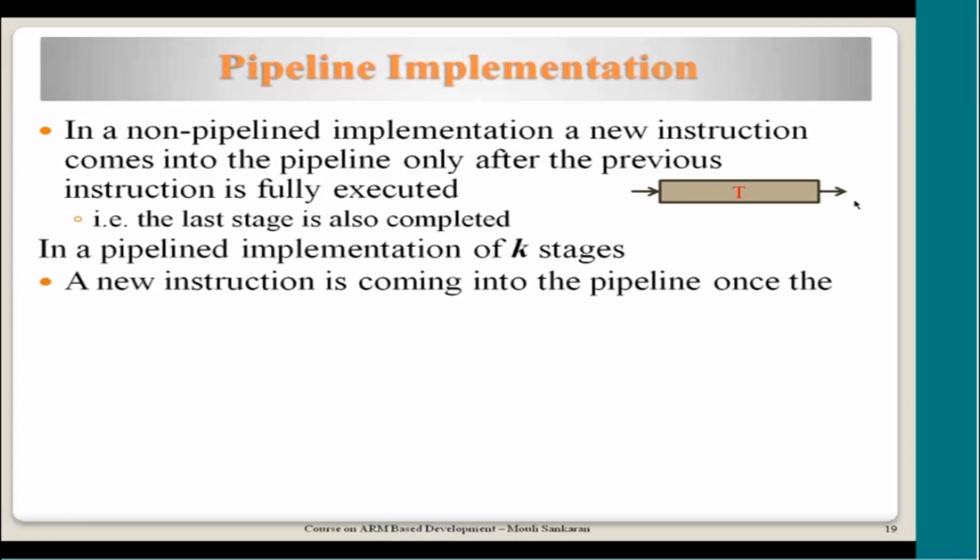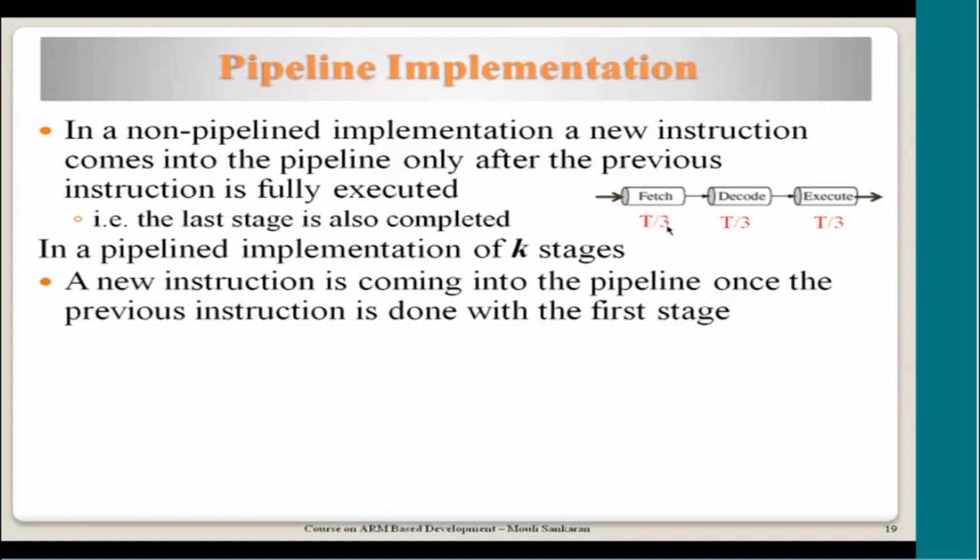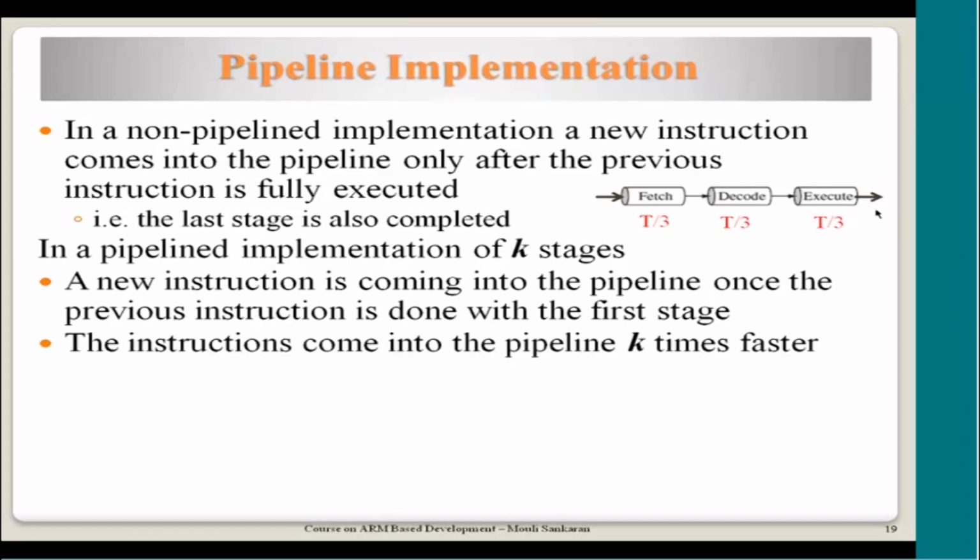But if it is divided into 3 stages, the original time is divided by 3, and after the first 3 cycles, you will see that every T by 3 seconds one instruction comes out of the pipeline. So the effective throughput is k times faster than the non-pipeline case.